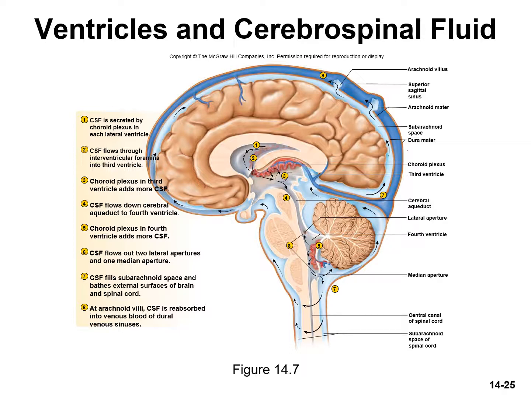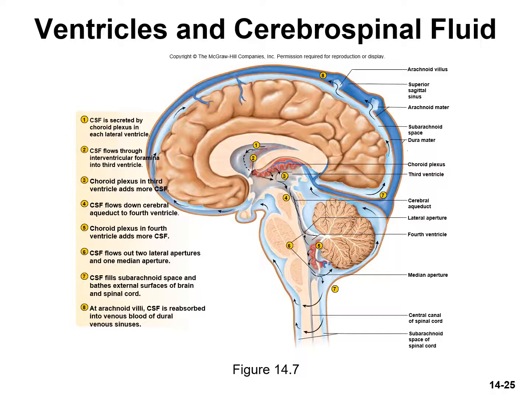So the choroid plexus within that third ventricle is going to add more CSF. Then you have the flow of your cerebrospinal fluid down the cerebral aqueduct into the fourth ventricle. So this space right here, all the way down here to the fourth ventricle, is the cerebral aqueduct.